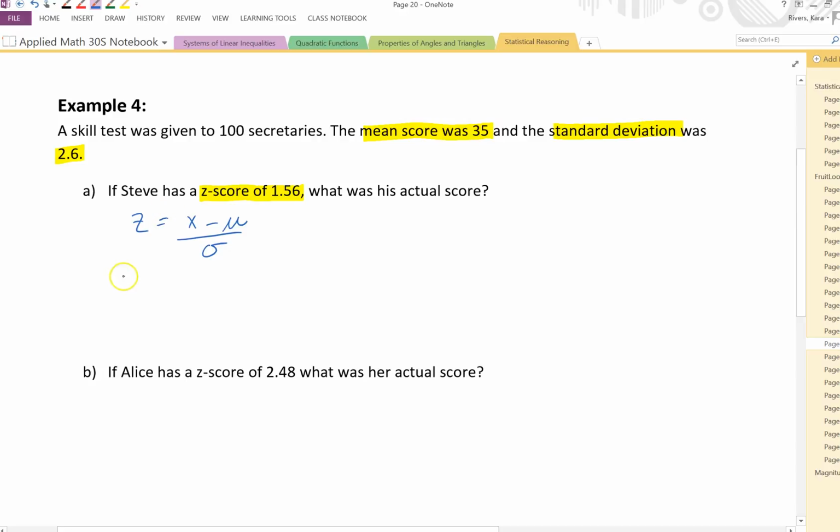So z is 1.56, x we don't know, the mean score was 35, and the standard deviation is 2.6. So let's go and solve for x. So multiply both sides by 2.6.